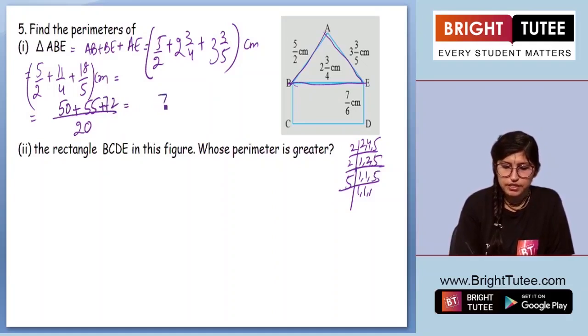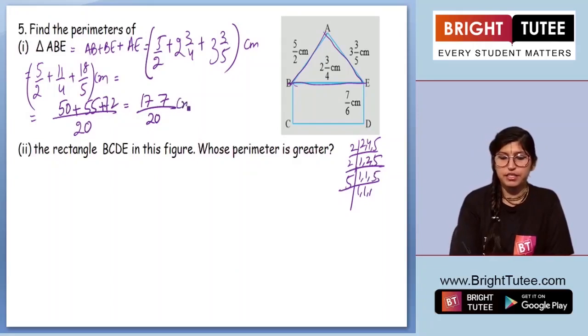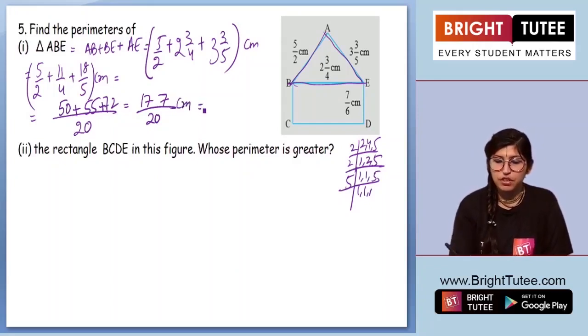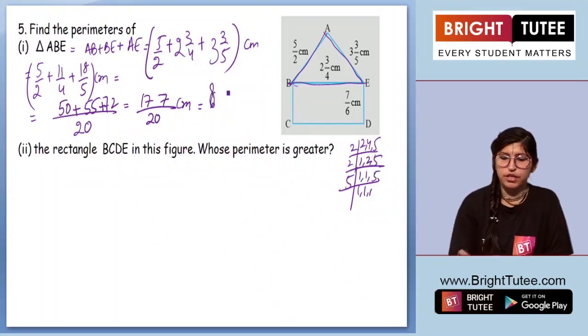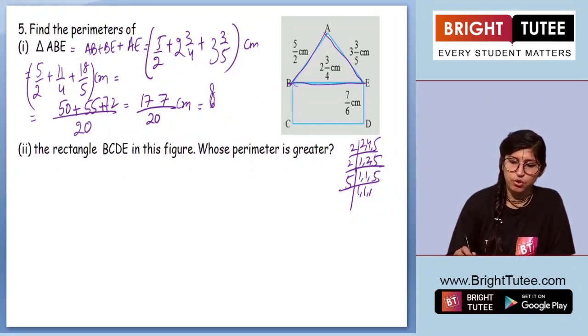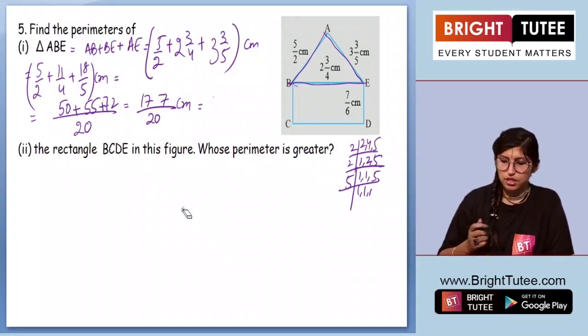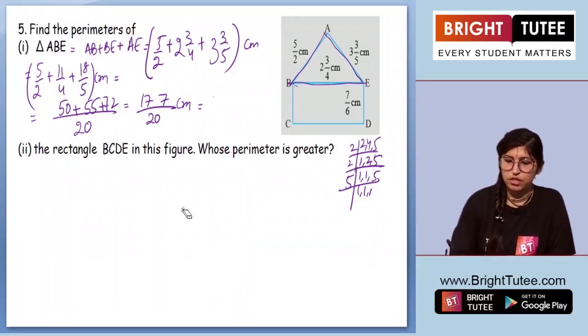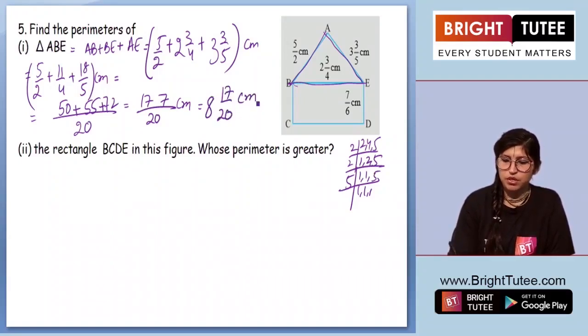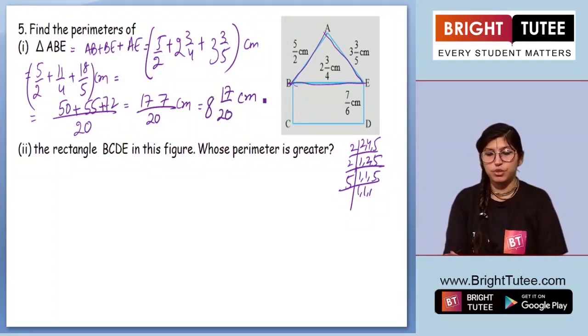So we're getting 177/20 centimeter. We cannot simplify it further, so we'll convert it to a mixed fraction. So we'll be getting 8 17/20. We're doing the same way which we did in earlier videos.